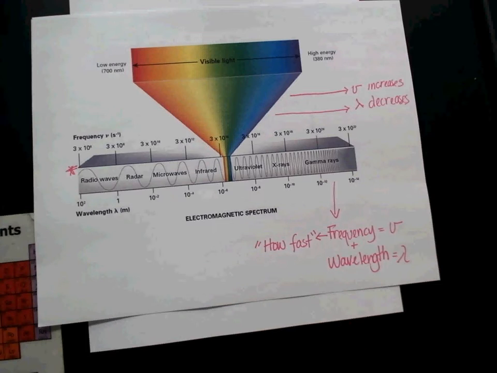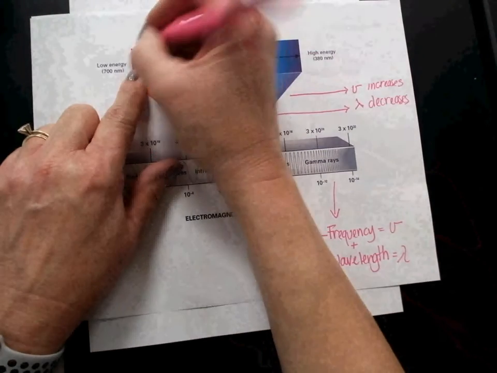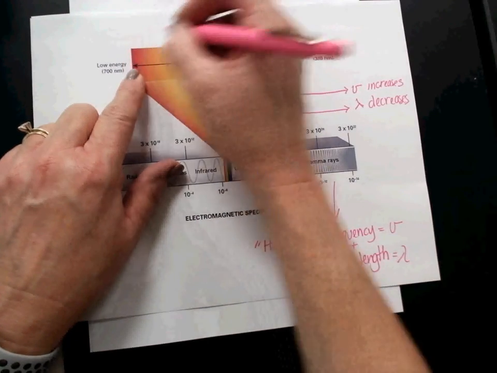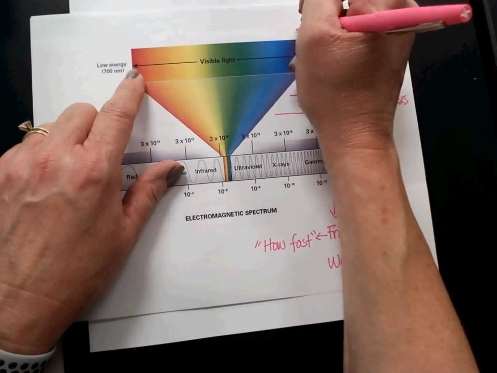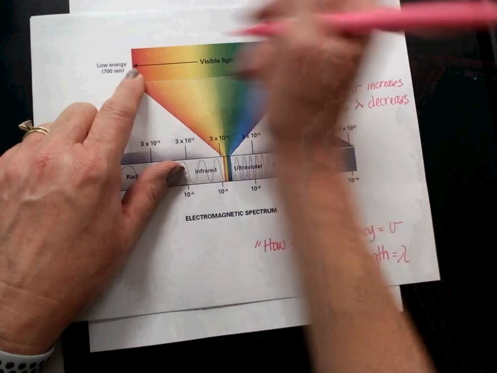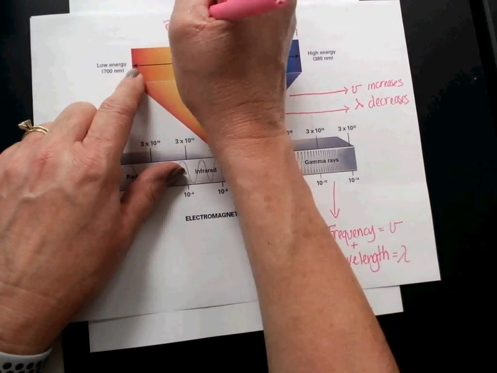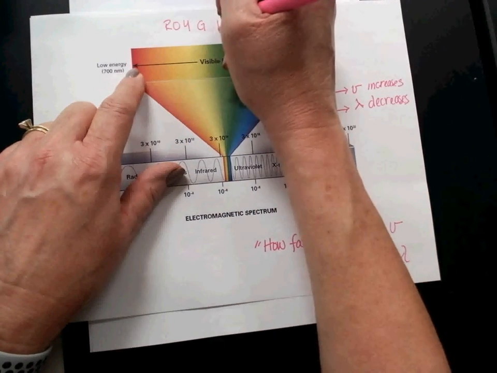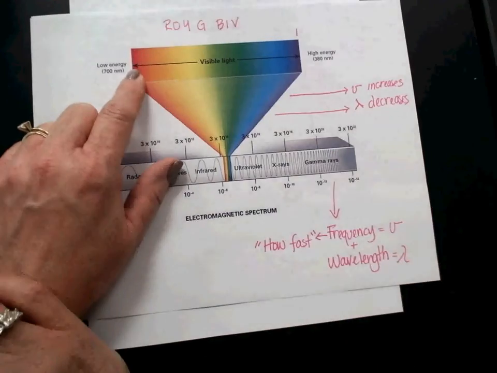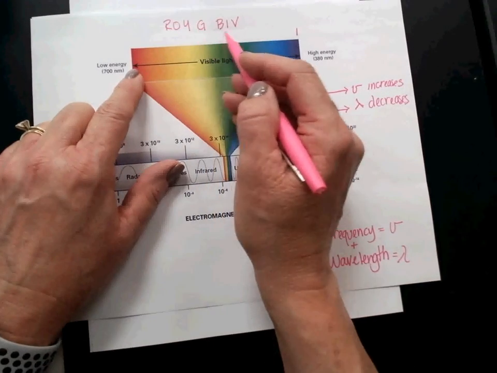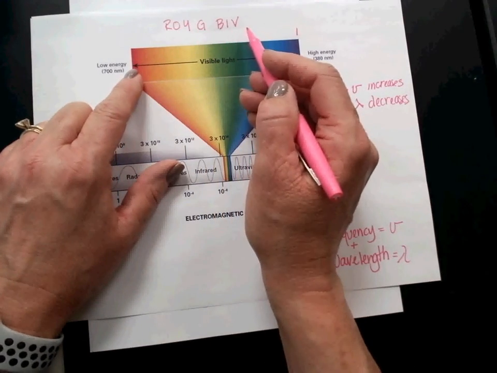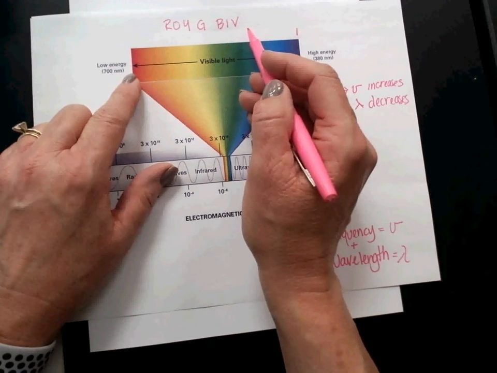So what I want you to do right now, I want you to get together with your lab partner, and I want you to rank those colors that you saw based on this, where like, let's make this 1, and then your blue. So you've got your Roy, do you remember this from grade school? Roy G. Biv. Red, orange, yellow, green, blue, indigo, violet. Did you learn that? Yeah, okay.